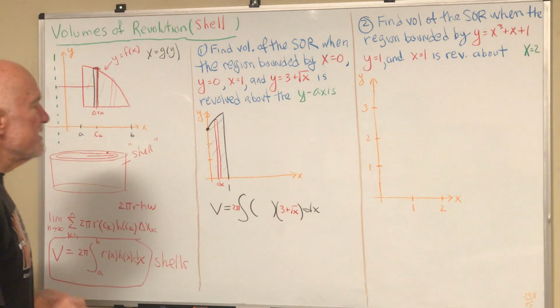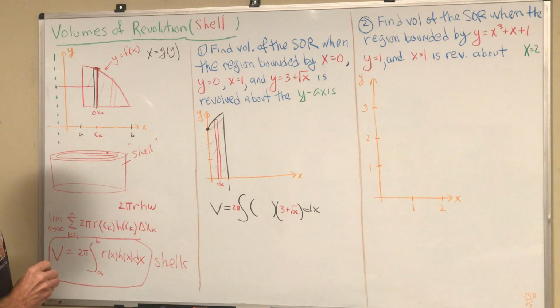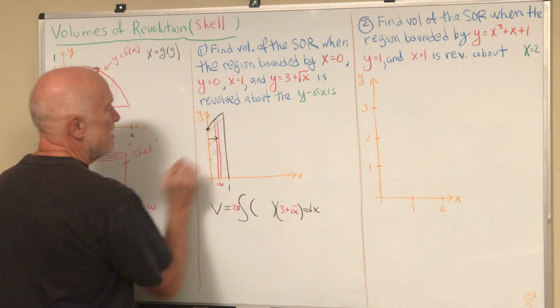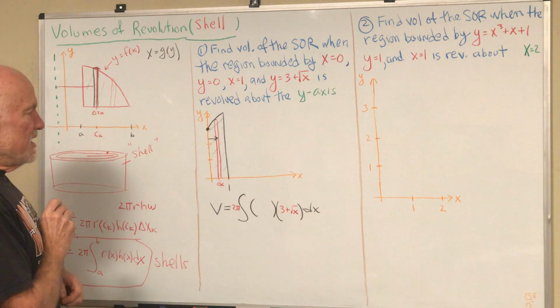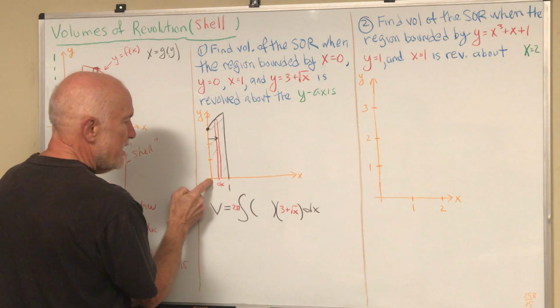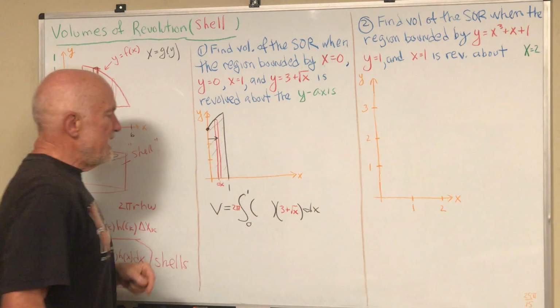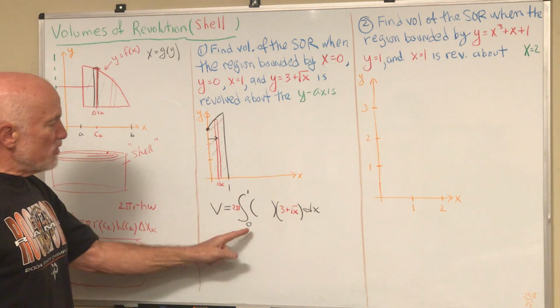Now this is where it gets a little bit different. What's r of x? Well, r of x is the radius of this shell that you're revolving around. Well, we're integrating from x equals 0 to x equals 1. And notice, wherever you happen to be, that's what the radius is.